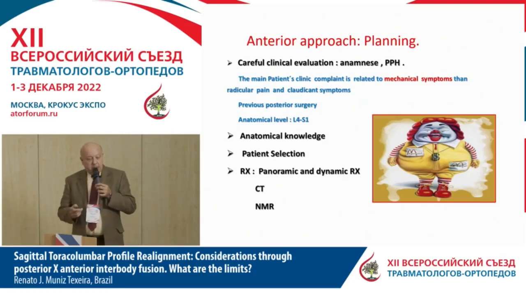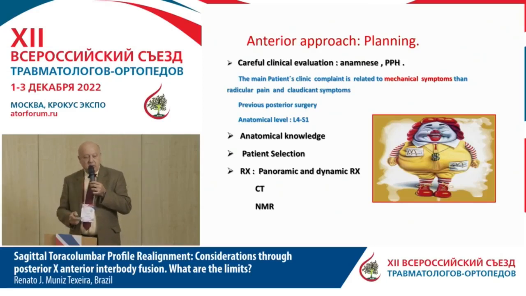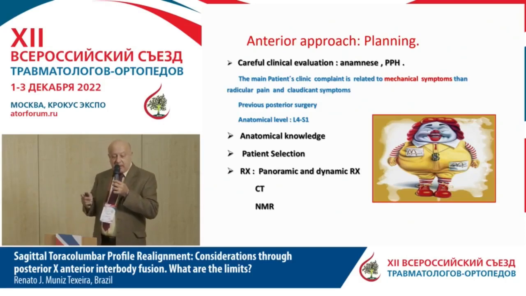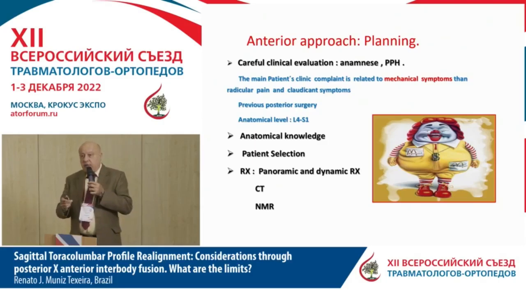When the main clinical complaint is related to mechanical symptoms, axial pain, it is better than in patients with radicular pain and claudication symptoms. It is useful especially in previous anterior surgery, posterior surgery.